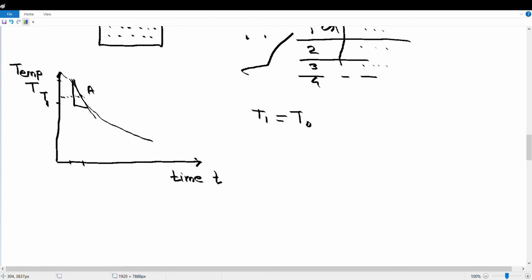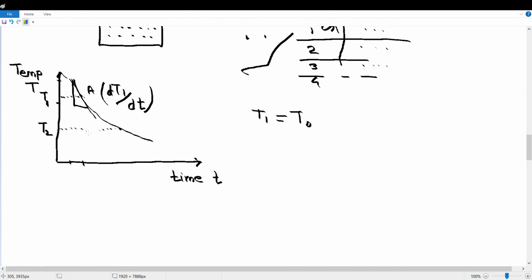Then the slope of this tangent is dT1 divided by dt, where on the y-axis there is temperature and on the x-axis there is time. So this is the rate of cooling at temperature T1.